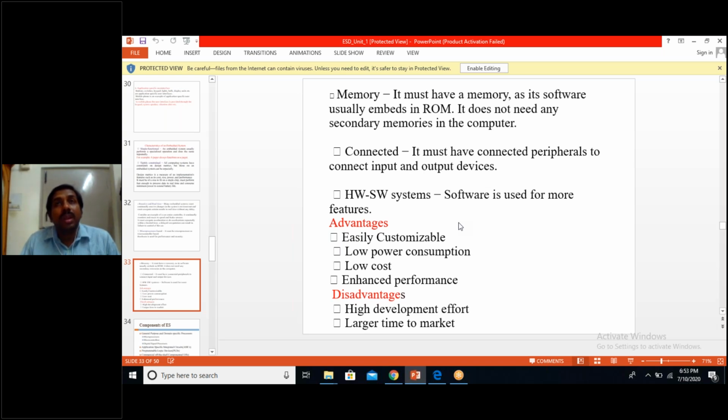Customizable means an embedded system presently used can be easily modified with a few changes, and it becomes one more advantage over the previous system. They consume low power. They have low cost. They have enhanced performance. But there are two disadvantages.